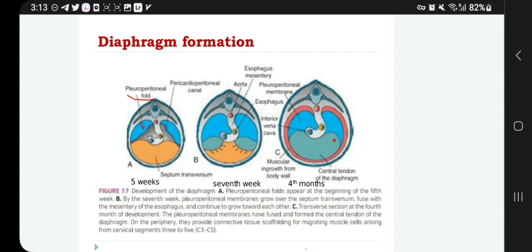As I told you, this part is the septum transversum.